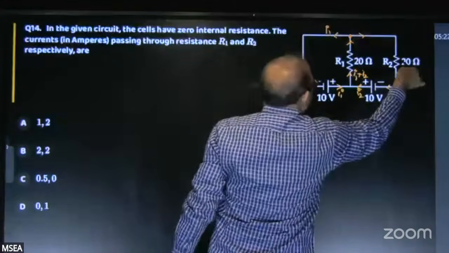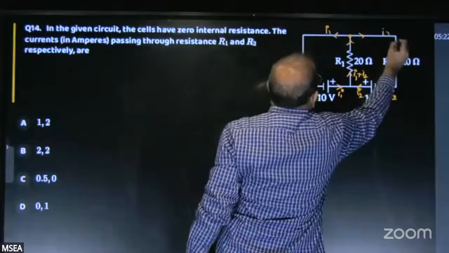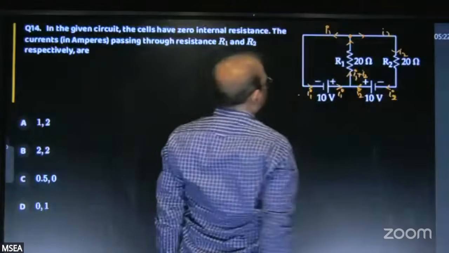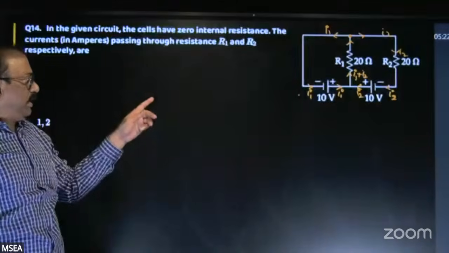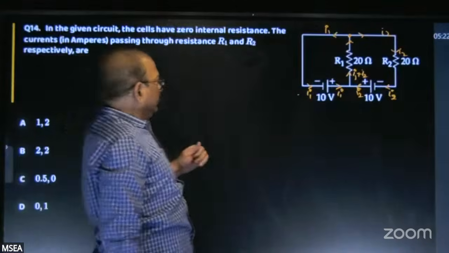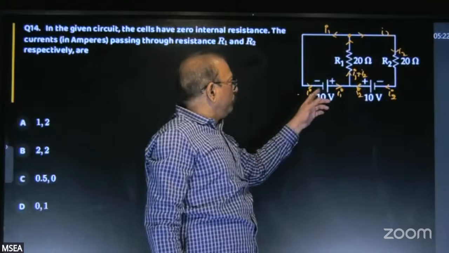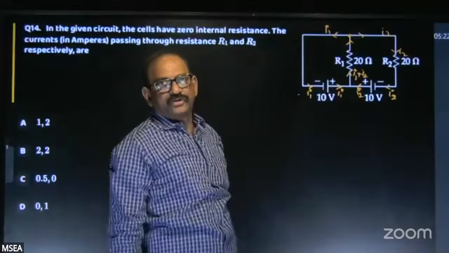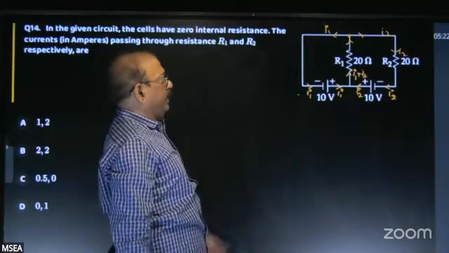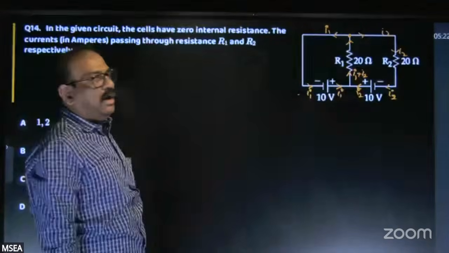This side I2 should be there. So first like this, you find out how the currents are flowing in this network. Then apply Kirchhoff's loop law.